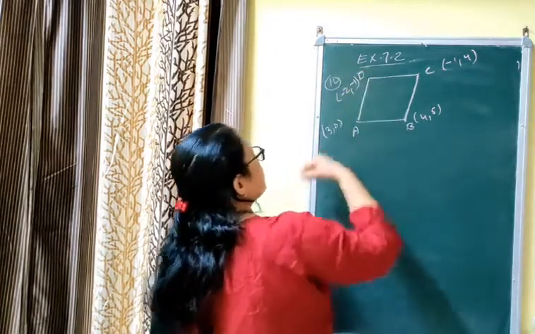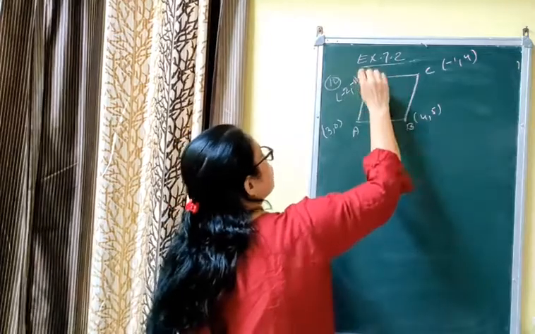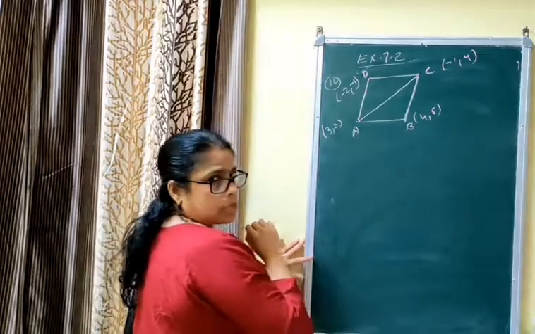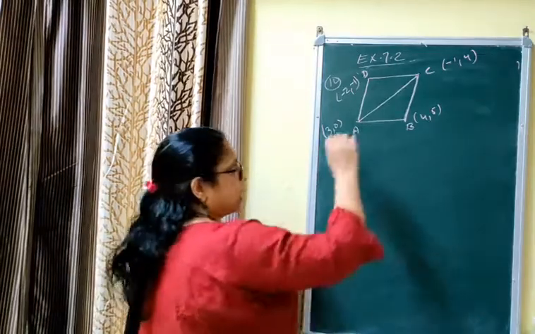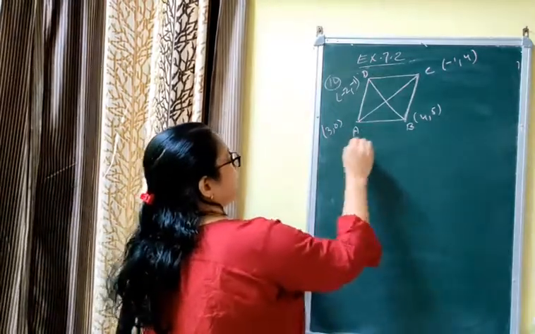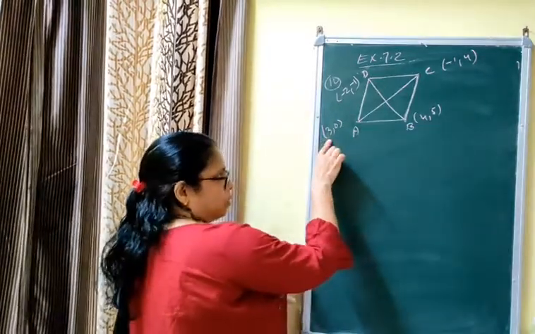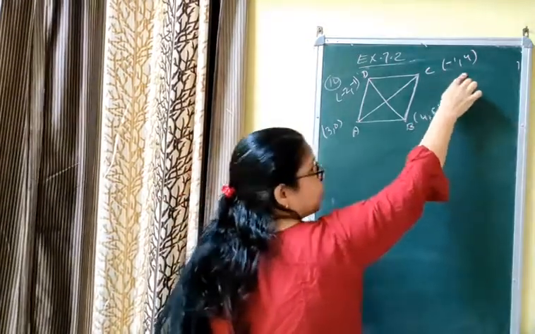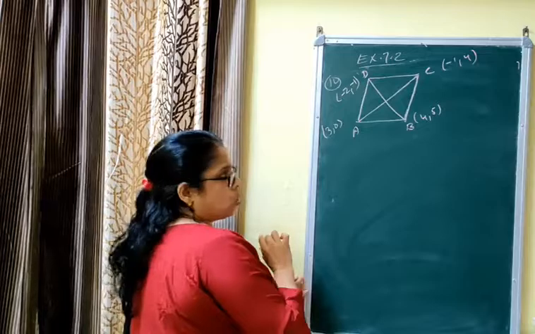You have to take them in order and solve. Now you know that the area of a rhombus is half into d1, the first diagonal, into the second diagonal. For that you have to join both the diagonals. Let ABCD be the given rhombus with A (3, 0), B (4, 5), C (minus 1, 4) and D (minus 2, minus 1).